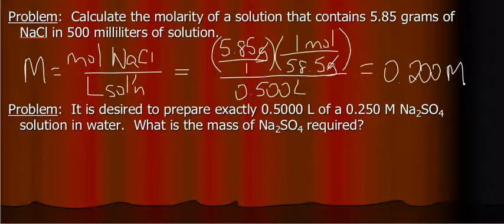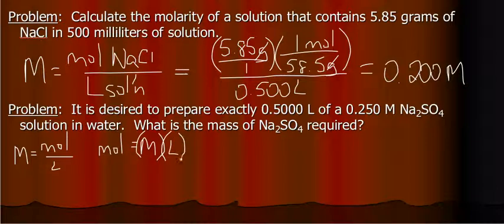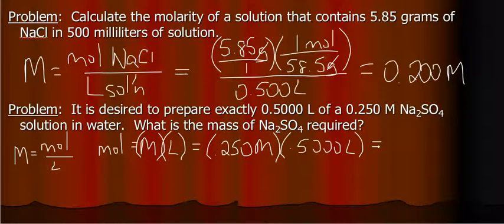Second problem, I want to prepare 0.5 liters of 0.25 molar Na2SO4 solution. What mass do I need? Well, molarity equals moles over liter. So if I want to solve for moles, I can do so by taking my concentration times my volume. So I'll take my concentration, 0.25, multiply by the volume. That's going to give me the moles of solute.